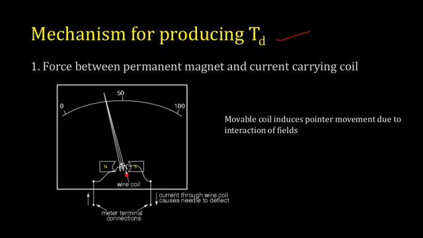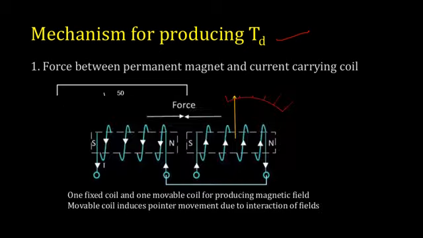When the current passes through this coil, some magnetic field is generated. Already you have the magnetic field of the permanent magnet. Once you have interaction of these two magnetic fields, a force is generated on this moving system. The movable coil induces pointer movement due to the interaction of these two fields. So this is one type of mechanism by which you can produce the deflecting torque.